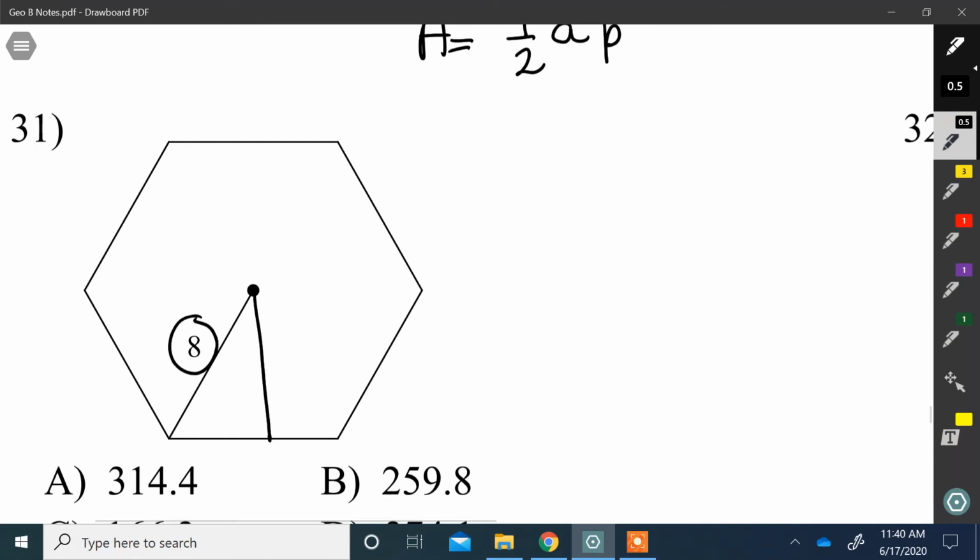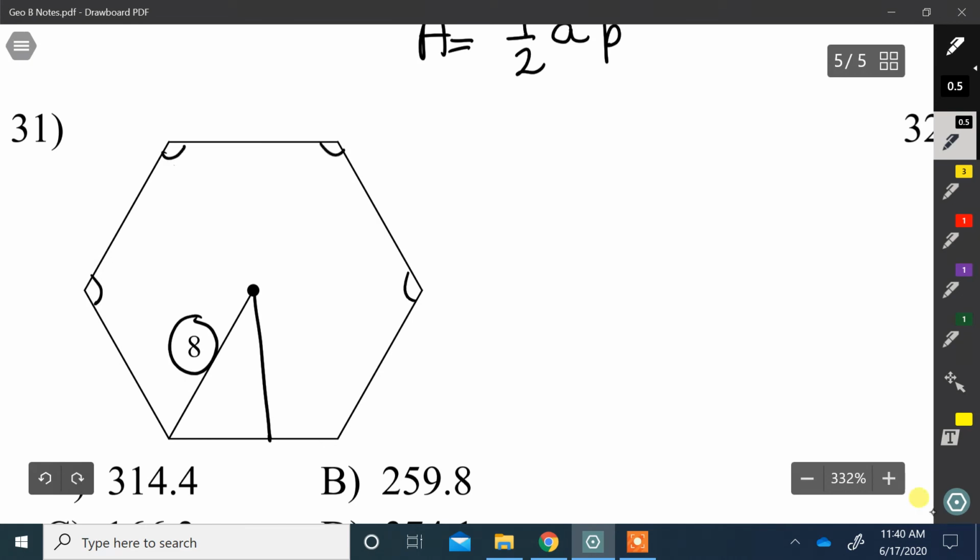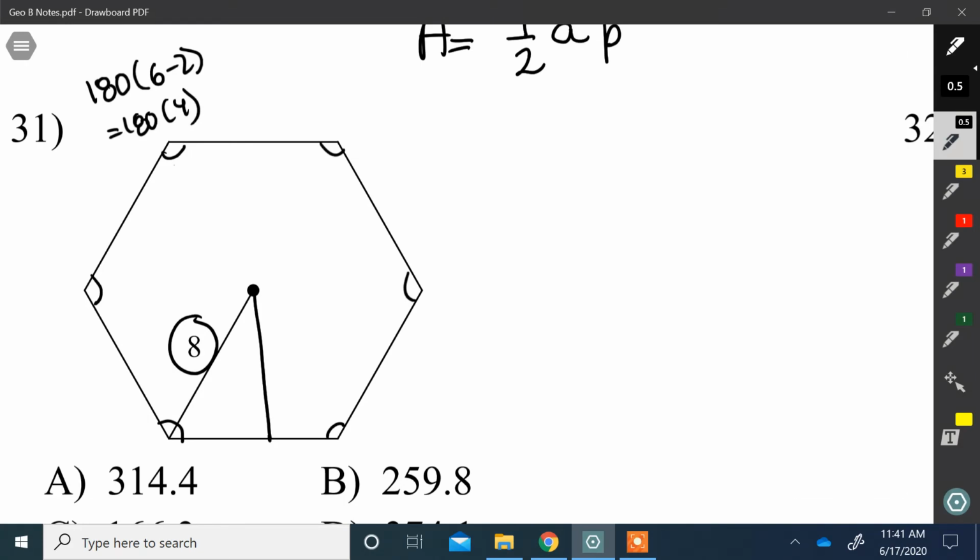First of all, you have to realize what you have here. How many angles you have? 1, 2, 3, 4, 5, and then 6. Okay, we have seen before that it is 180 times 6 minus 2, so 180 times 4 is 720.